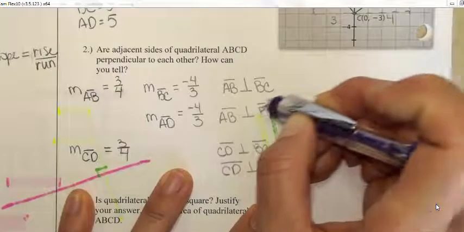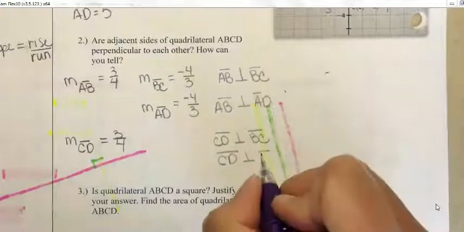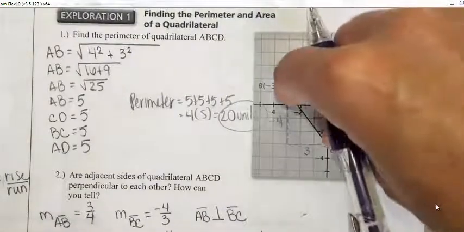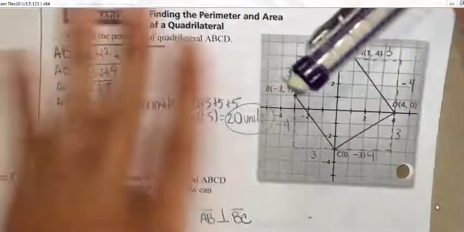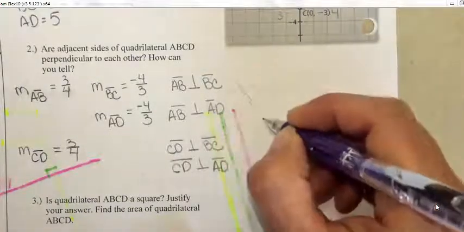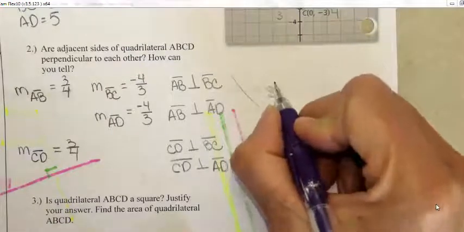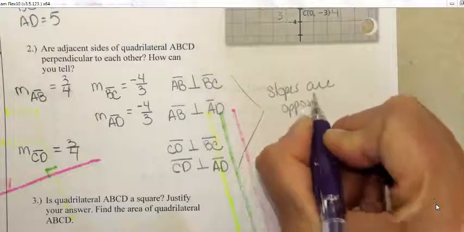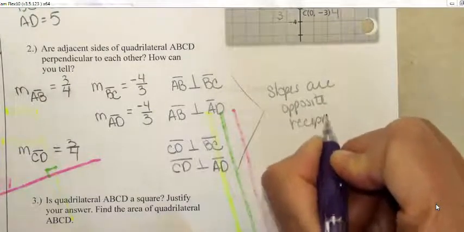Sorry guys. That was segment AD. So I know that segment CD is also perpendicular to segment AD, and it's perpendicular to segment BC. How can I tell? I know this because slopes are opposite reciprocals. So I'm just going to do this for all of them. Slopes are opposite reciprocals.